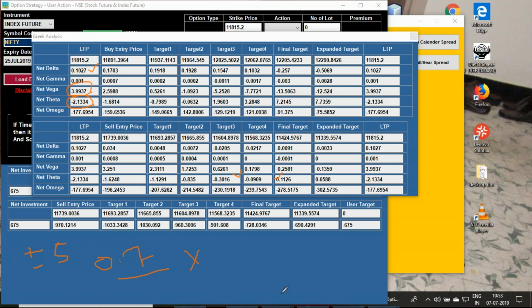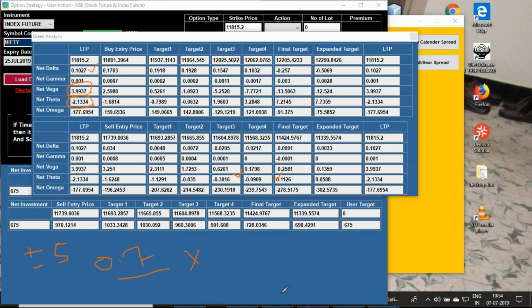Any strategy you form, whether it is market neutral, bullish or bearish, all of them become unstable. When we talk about instability of a strategy, it means the strategy should not be exposed to higher risk, and sometimes strategies should give you profit. So this is one of the parameters you need to maintain.